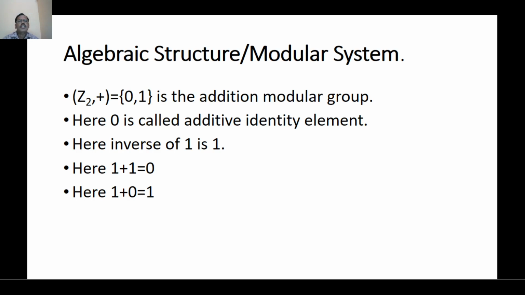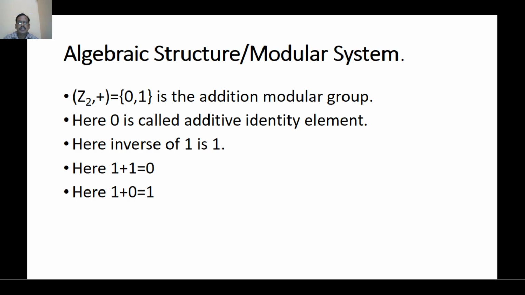Here 0 acts as the additive identity element and the inverse of 1 is 1, because if you add 1 plus 1 we get 2. So you divide 2 by 2, we get remainder 0. Therefore 1 plus 1 is equal to 0. And 1 plus 0 is 1. So the only change is 1 plus 1 is 2, you divide 2 by 2, remainder is 0.